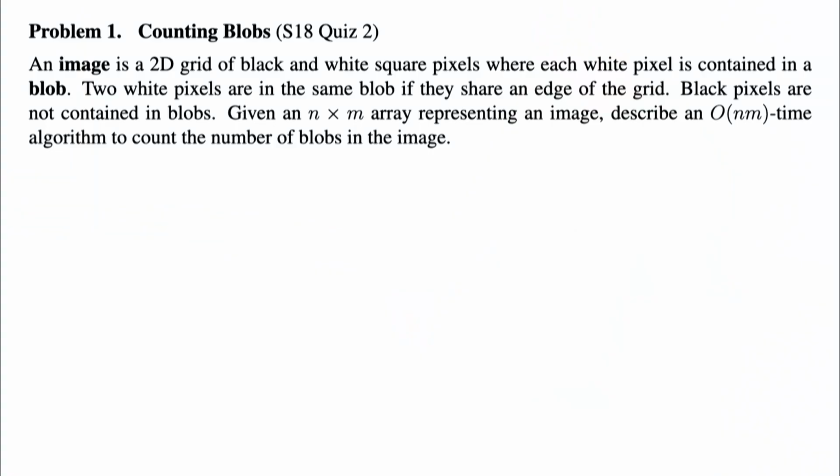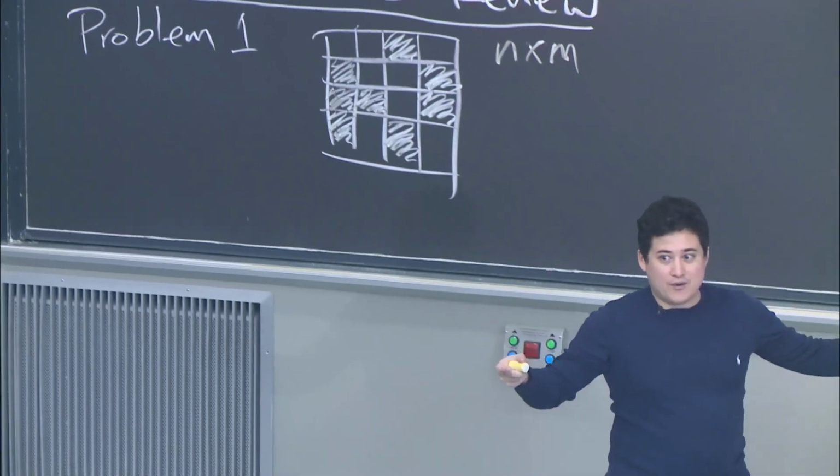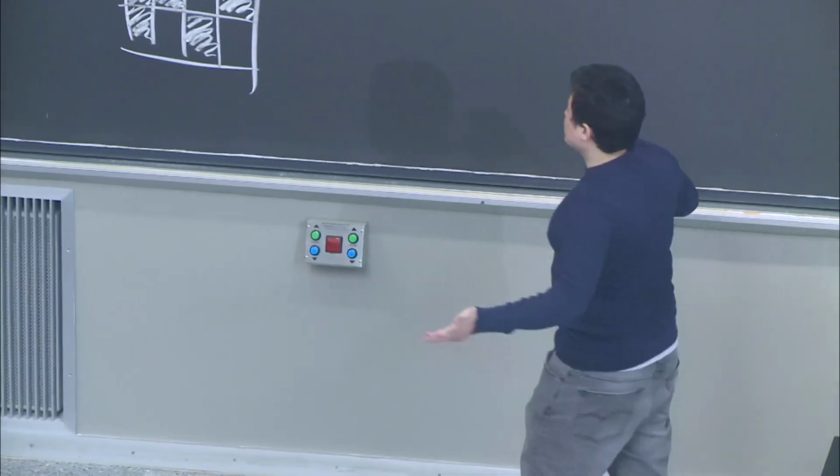And so I'm given an n by m array. I never remember which one comes first, but we have dimensions of this thing as n by m. So we have n times m pixels. And so we're describing essentially a linear time algorithm to compute the number of blobs in the image. Why do I say linear time? It's because for every pixel in my grid, I needed to give you a specification of whether that was white or black, right?